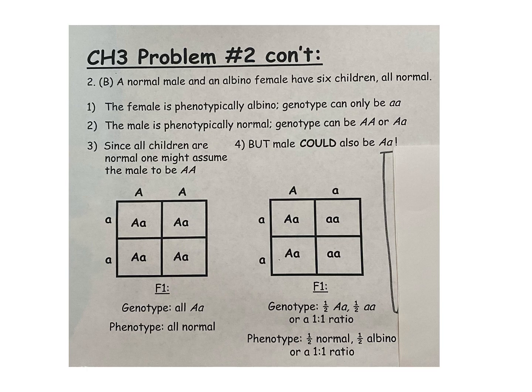So just because the first child happens to be normal, it doesn't mean that the second child, if they only had two, has to be albino. It's a 50-50 chance that that offspring will be normal versus albino. So again, it's the concept of probability that I want to keep coming back to and what I want you to think about when you're working with these genetic ratios.